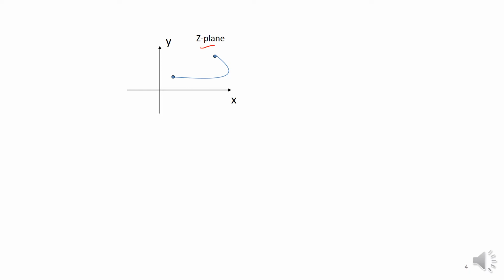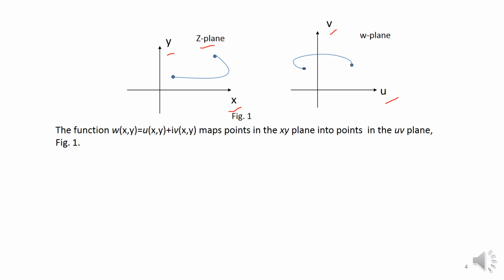Here we have the z plane because we know z is equal to x plus iy. So x is denoted on the x-axis, y on the y-axis, and we can plot points here. Similarly, we can show the w plane where we have u plus iv. So w has u as the x-axis and v as the y-axis, and here we can plot the points.